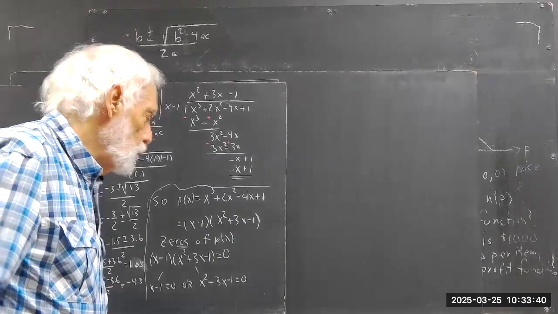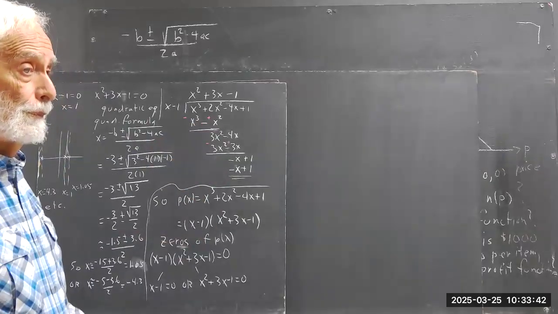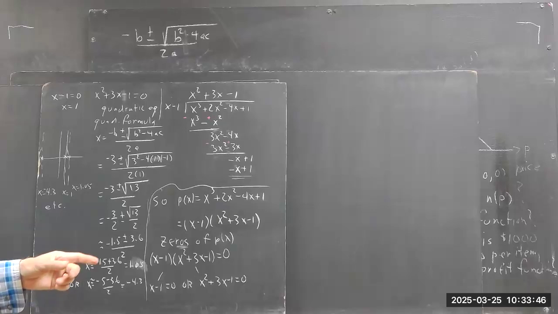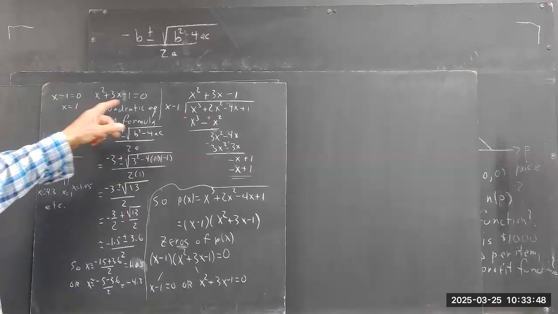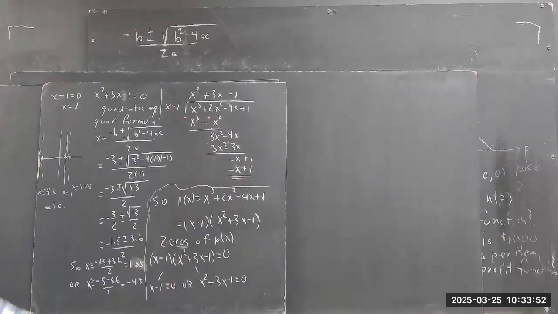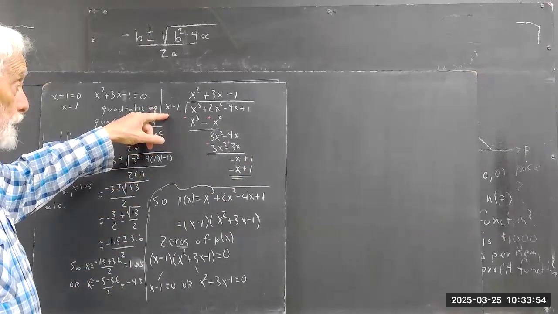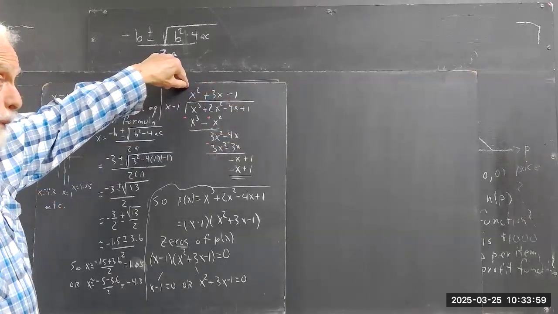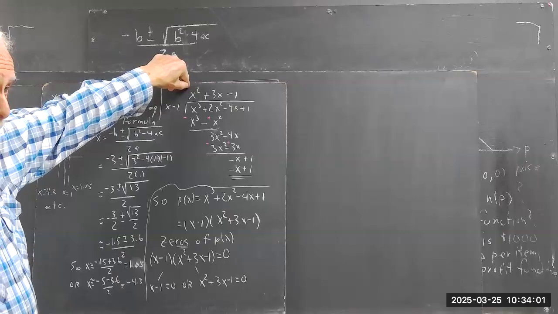Now, when we do the long division, there's no way to easily predict what this quotient is going to be. But the quotient, if we divide a linear term into a cube, is always going to give us a quadratic. Okay?